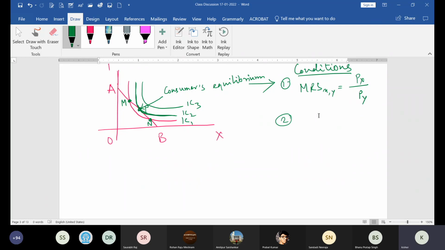Clear? Now be careful about two or three things. One is, first of all, this terminology equilibrium. This equilibrium we are discussing here in the context of consumer's equilibrium. Later on you will get that word again in other contexts like market equilibrium and so on.